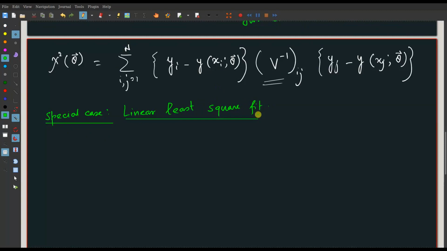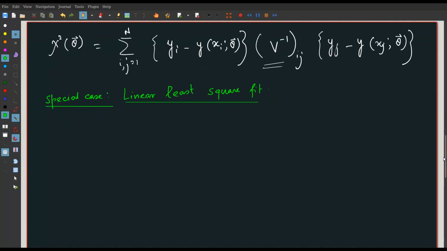Now, the linear least square fit is useful when your y, the functional dependence of y on x, is linear on theta. So the functional dependence on theta is linear.